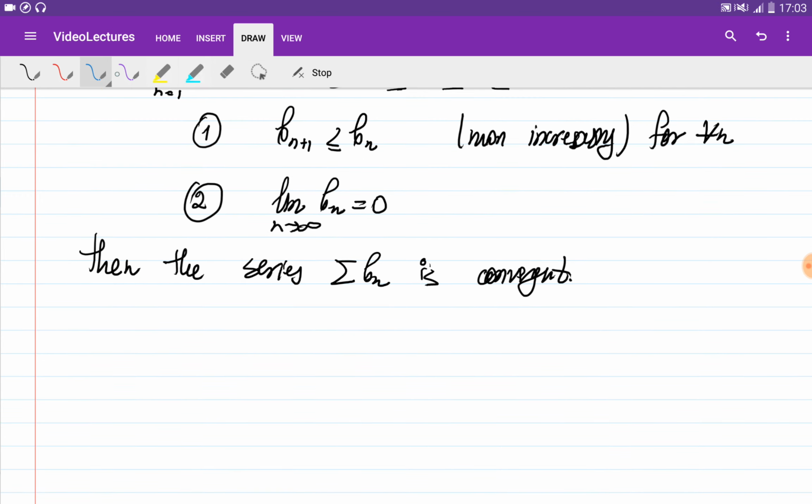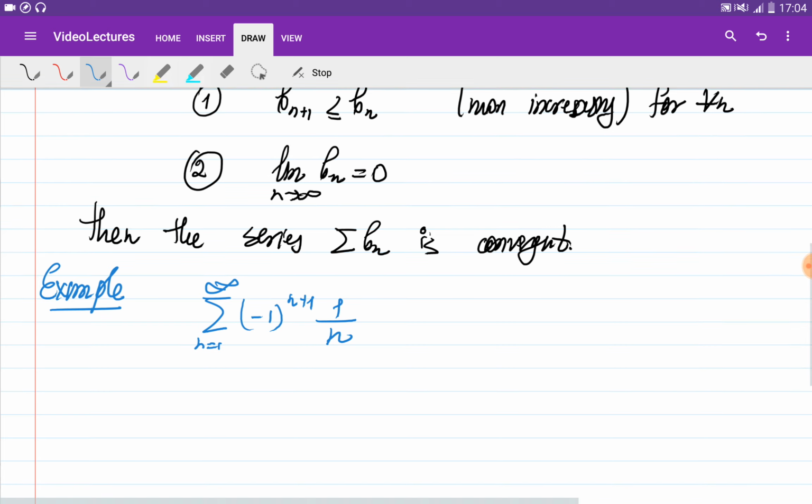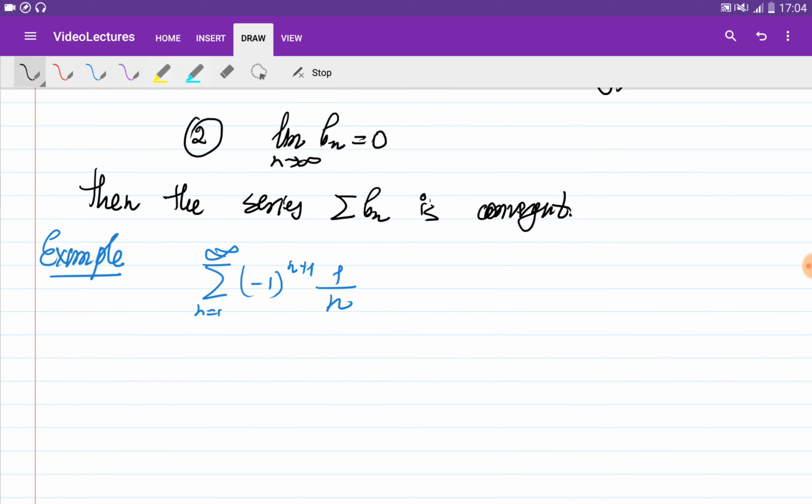So let's do an example. We are given what we called the alternating harmonic series: 1 over n multiplied by minus 1 to the power of n plus 1, n goes from 1 to infinity. The general term of the series, bn, can be written as 1 over n. We need to check the two conditions, with bn plus 1 being 1 over n plus 1, and bn being 1 over n.